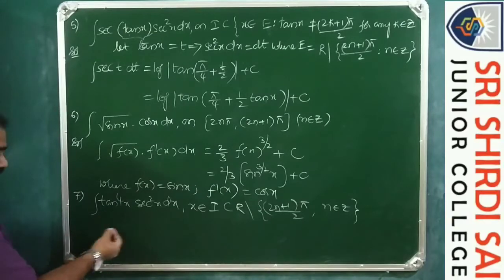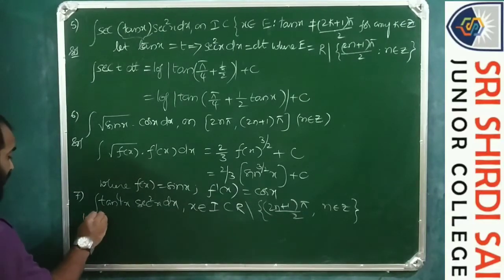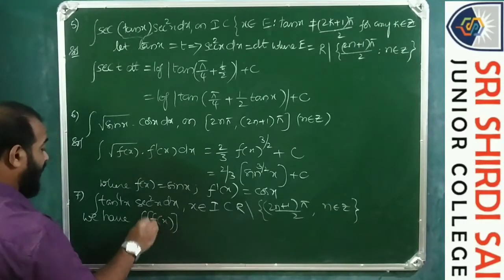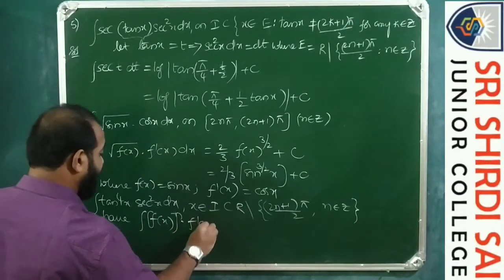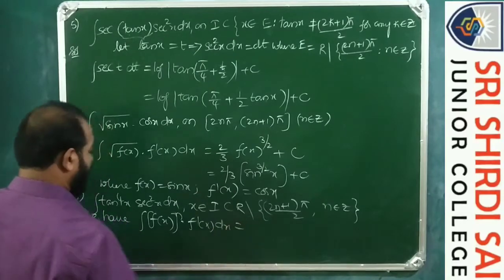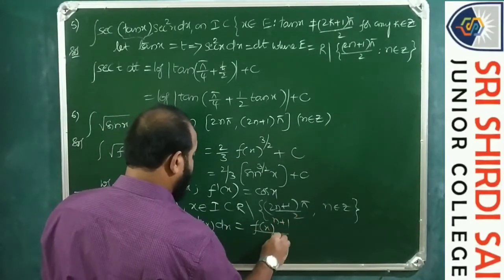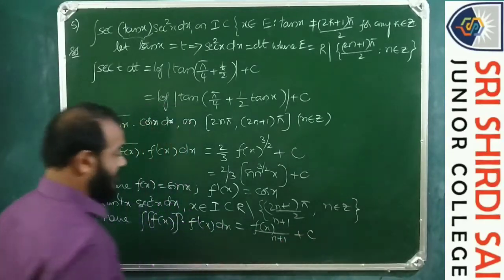Just now we have discussed integral f of x whole power n into f dash x dx is f of x whole power n plus 1 by n plus 1 plus constant of integration c.